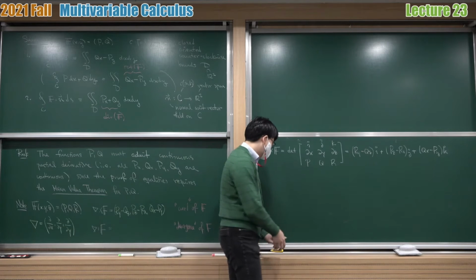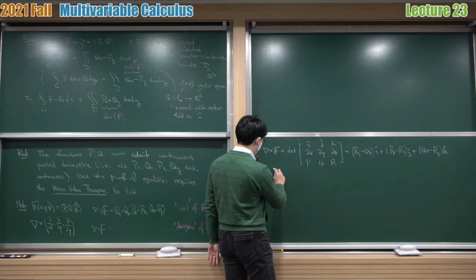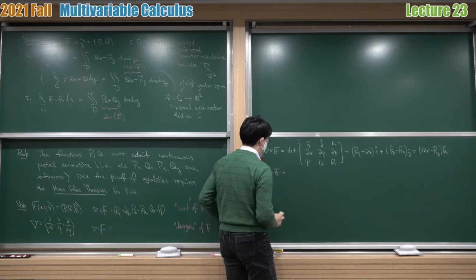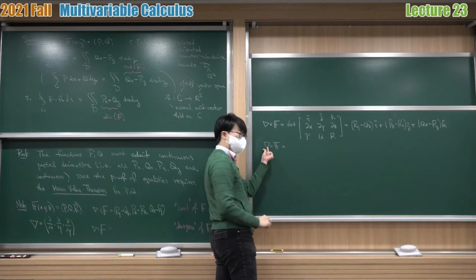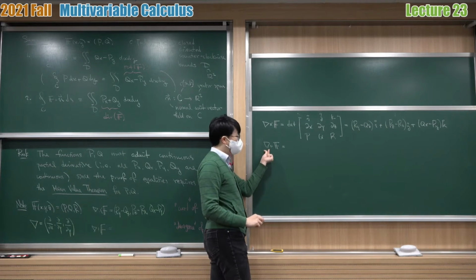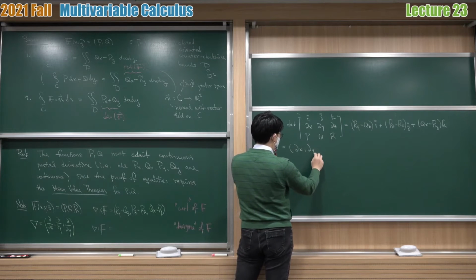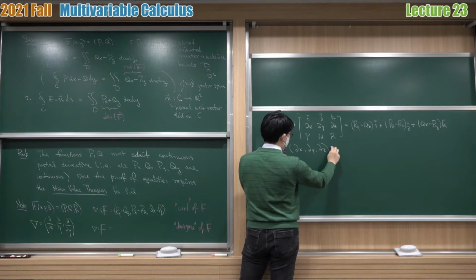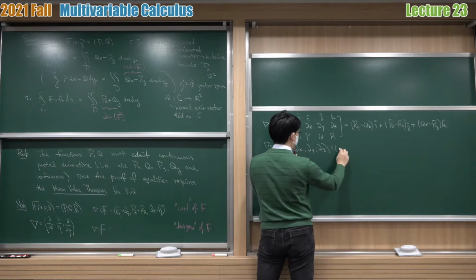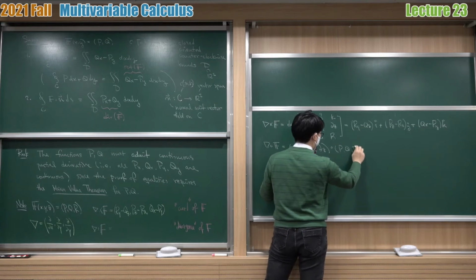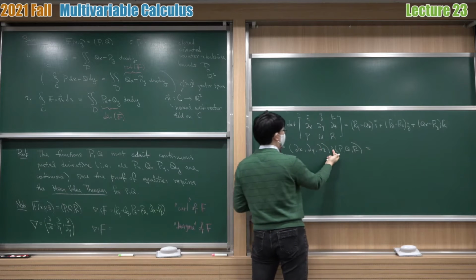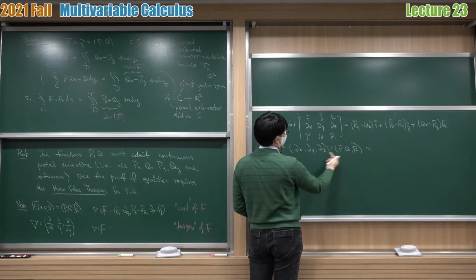And let's think about the divergence. You can consider, again, the nabla as a vector. I'm going to take the operator vector and take the inner product with P, Q, R. You perform this inner product as if those are numbers.